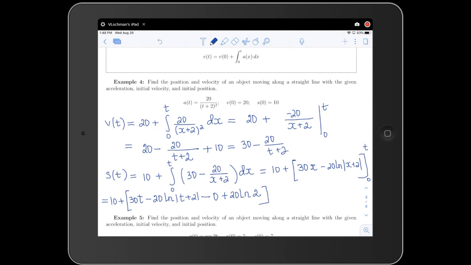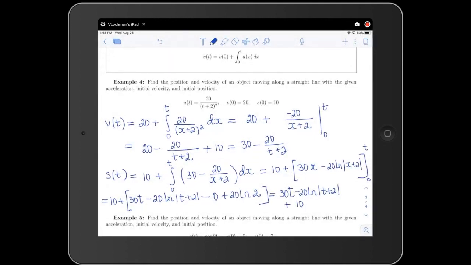All right, the last step that we could do is combine everything that contains t. So what do we got? 30t minus 20 natural log of t plus 2. And then the constant terms are 10 and 20 natural log of 2.